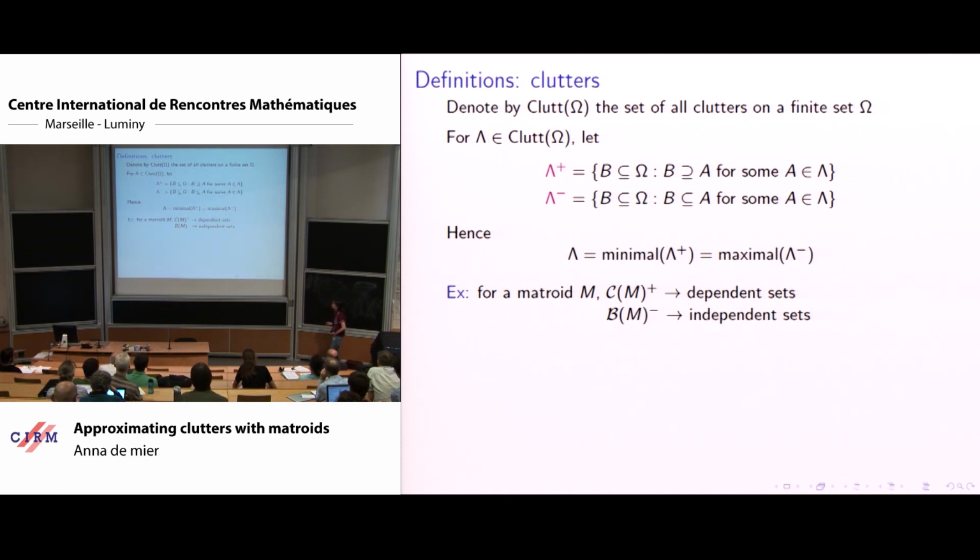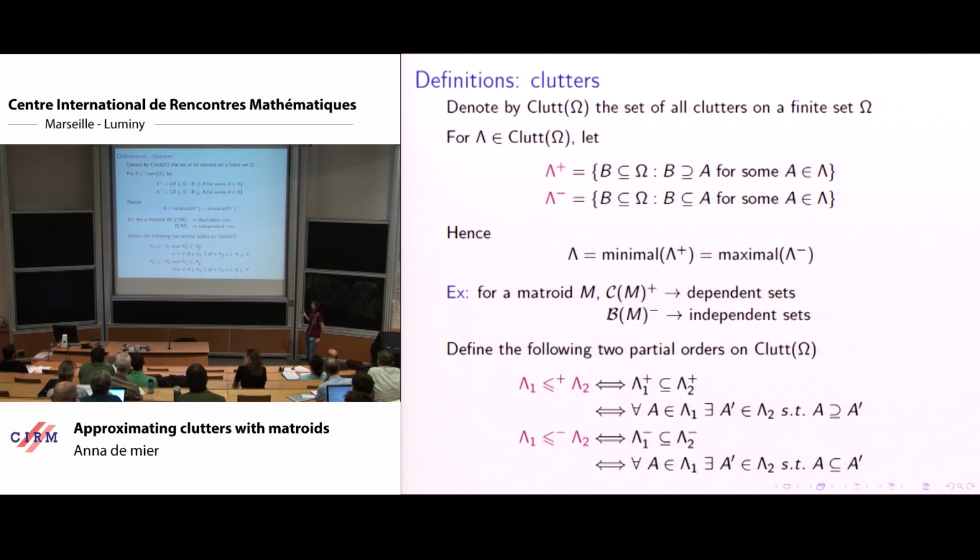We use this lambda plus and lambda minus to put an order on clutters and to see what we mean by two clutters being close. We define two partial orders. The order plus says that the plus family of the first is included in that of the second, and the order minus says that the minus family of the first is included in that of the second.